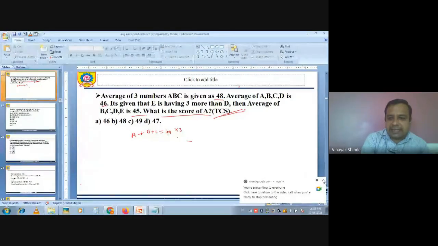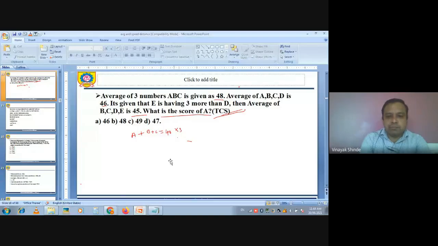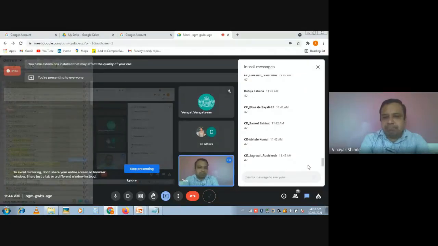It is asked in TCS and is one of the simple questions, but you need to perform the mathematical analysis. Okay. So 47 is the right answer.